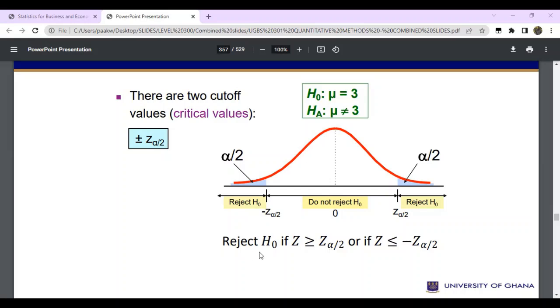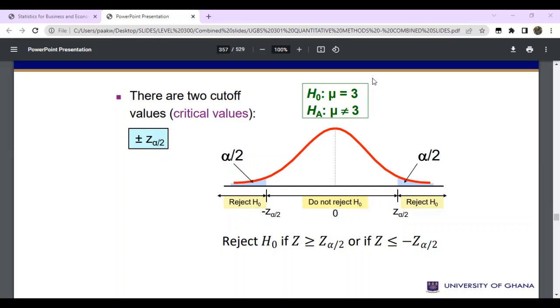You reject H0 if Z computed is greater than or equal to Z alpha divided by 2, or if Z computed is less than or equal to negative Z alpha divided by 2.